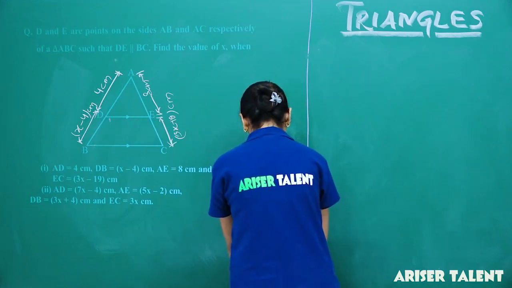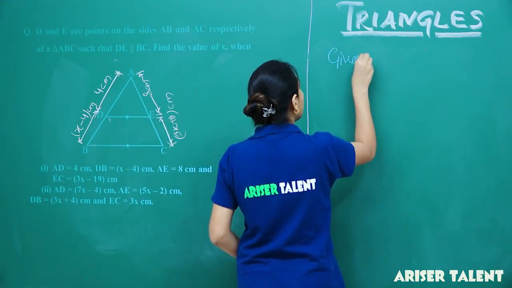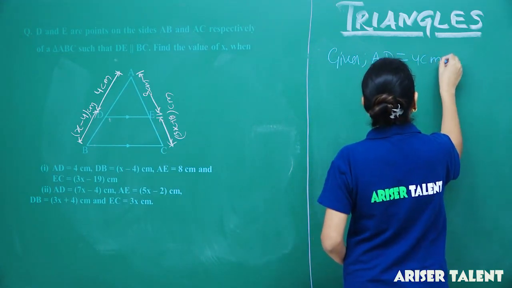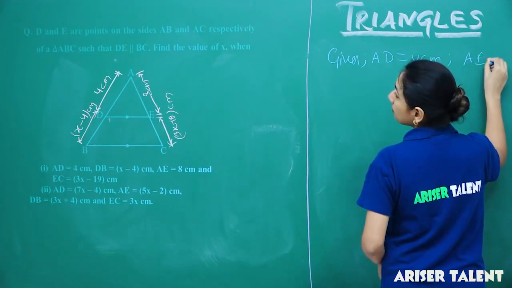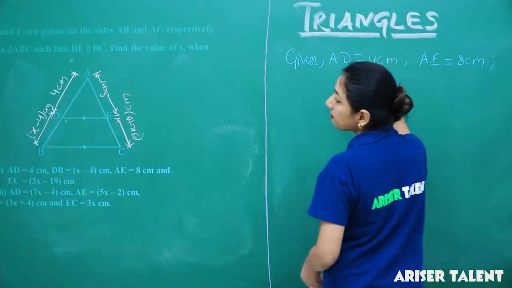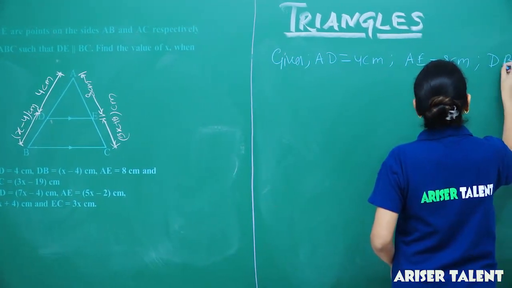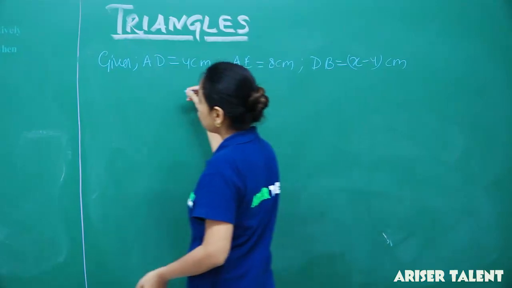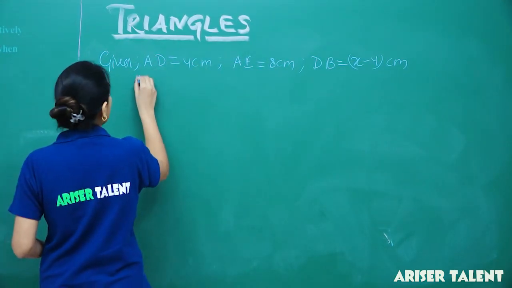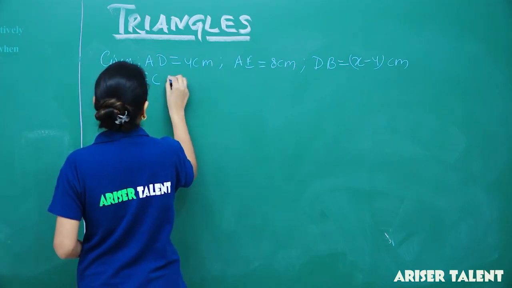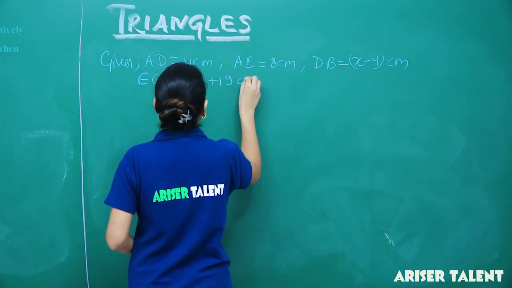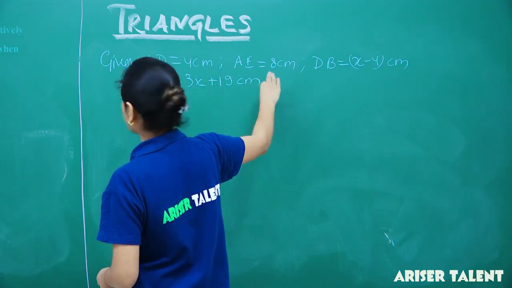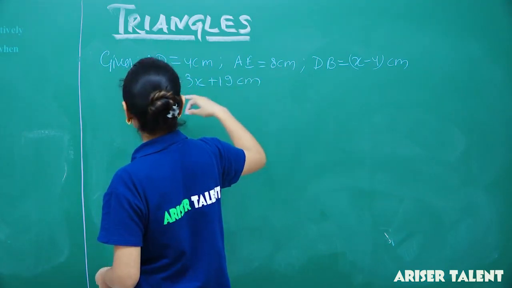So the given part is AD equals 4 centimeter, AE equals 8 centimeter, DB equals x minus 4 centimeter, and EC equals 3x plus 19 centimeter.